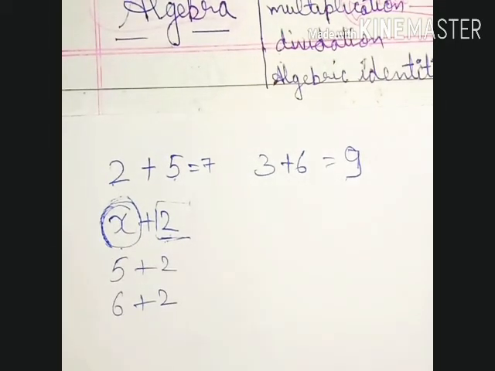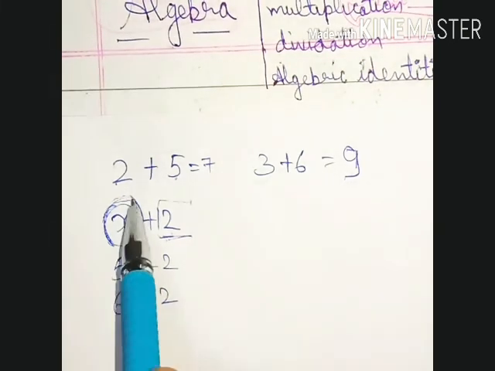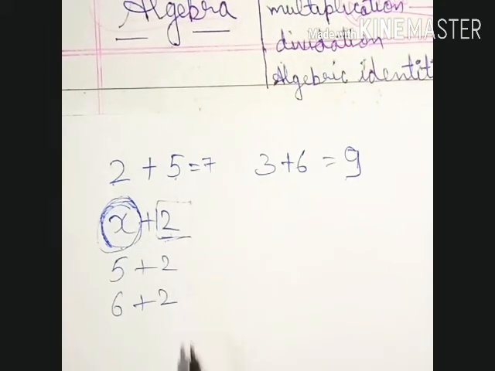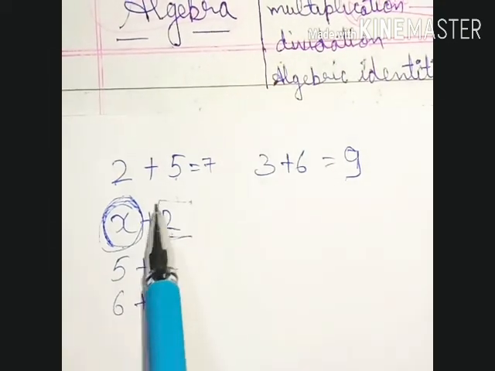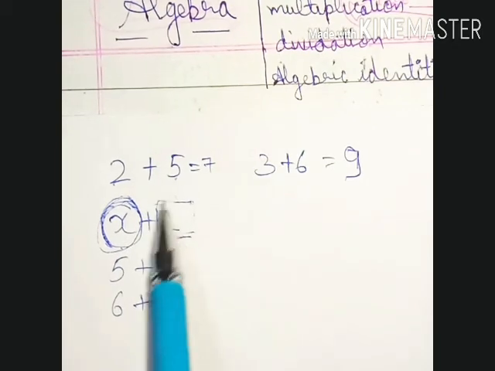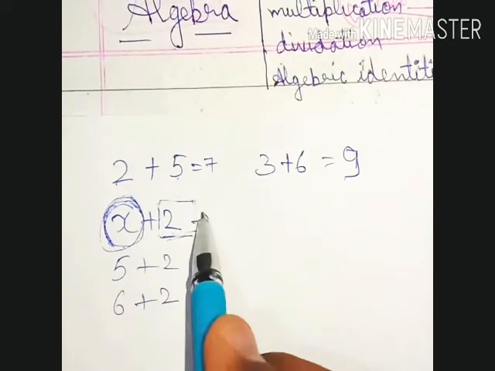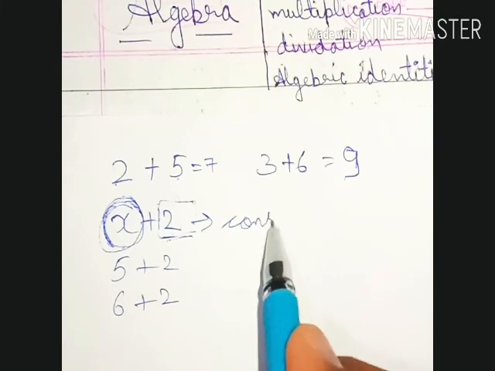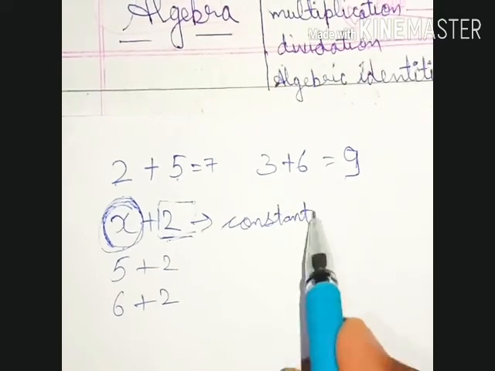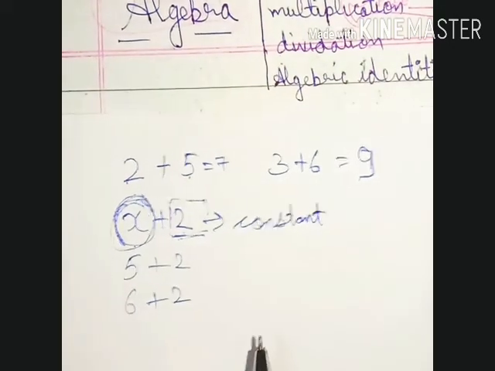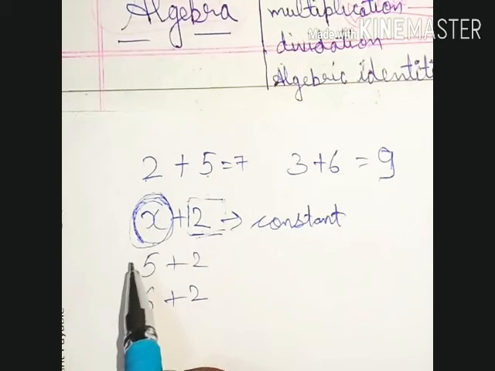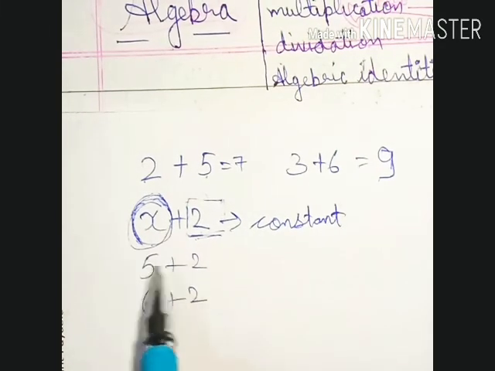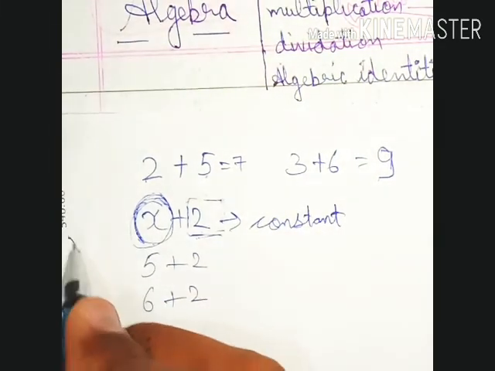So let's discuss the difference between variable and constant. Constant means the value is fixed. This term can be said to be constant, and the term whose value will change according to the given value is called a variable.